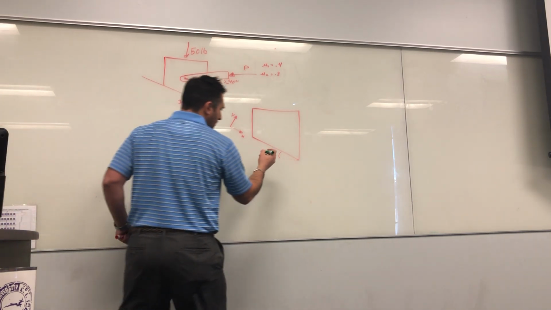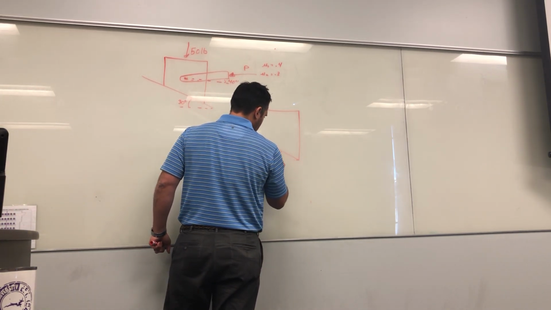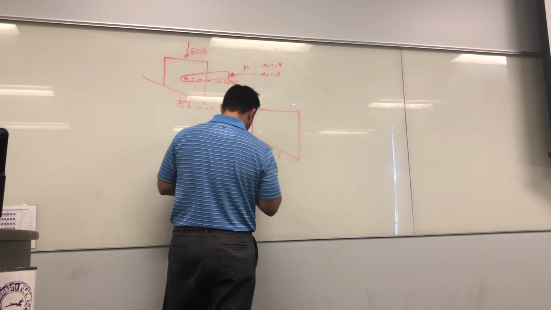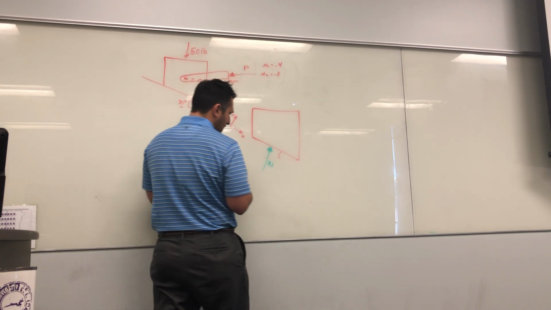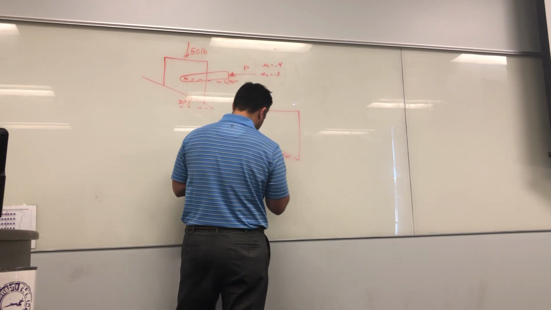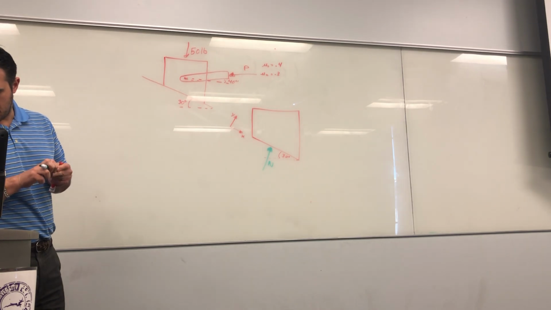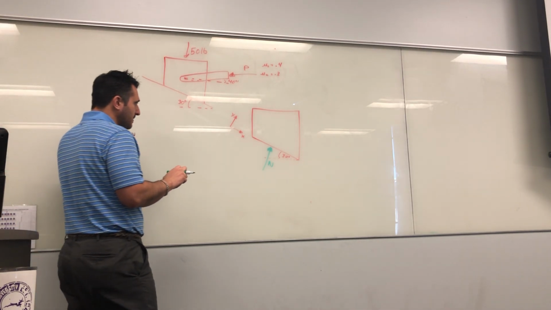I'm going to have some normal force that's perpendicular to my block, 30 degrees. So I have some normal force, and I'm going to have a friction force.